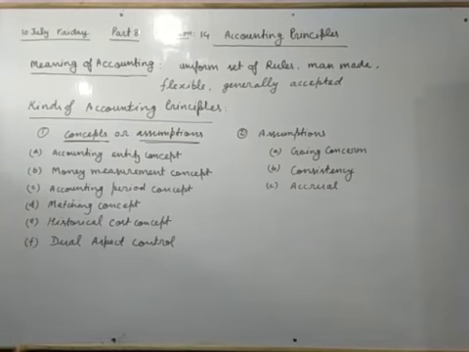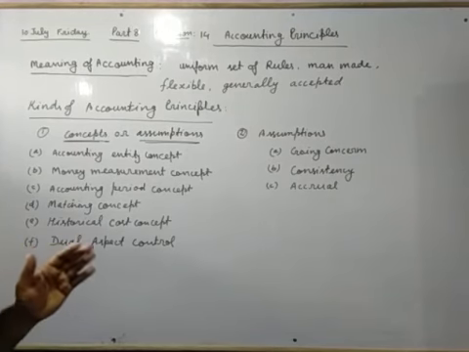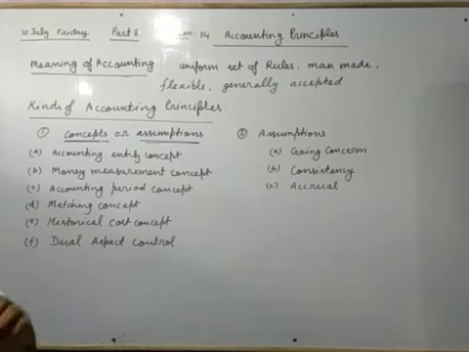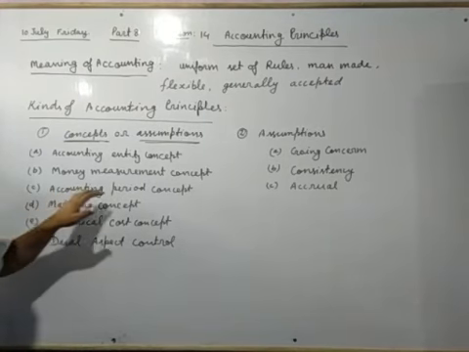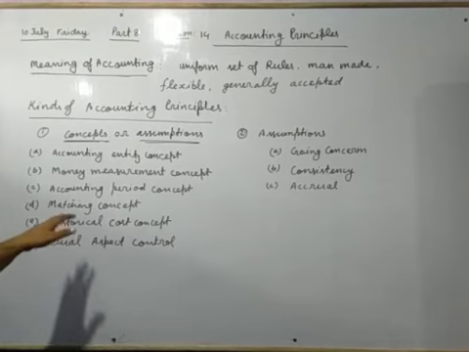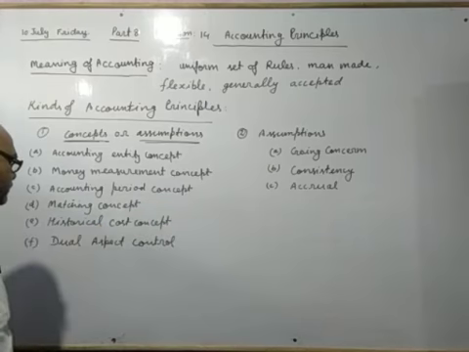Suppose you purchase furniture on 25 March, but the furniture account will be closed on 31st March, after 6 days. So according to the accounting period, all the accounts are closed on 31st March, and it starts from 1st April. So April to March is called the financial year, and this period of 12 months is called the accounting period.